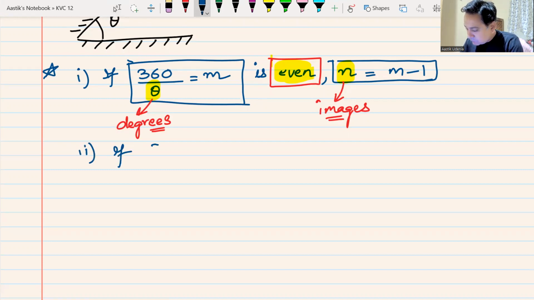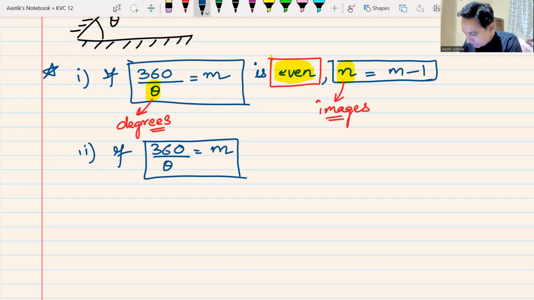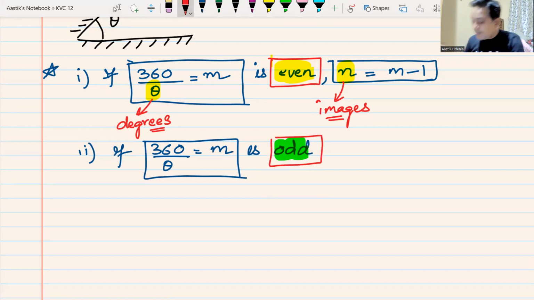If it is on the angle bisector, n is m minus 1; if it is not passing through the angle bisector, n is m. Yes, you will have to remember this. If 360 degrees by theta, which is m, is odd, then there are two cases possible.